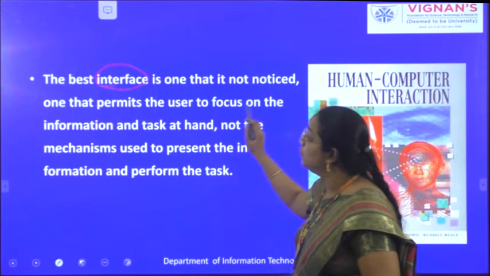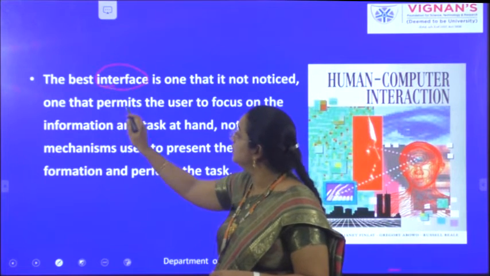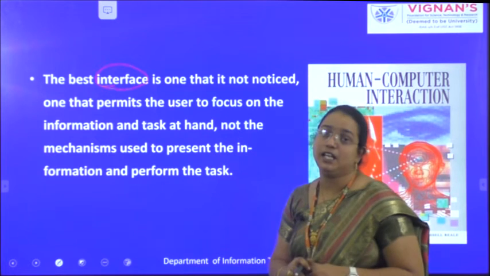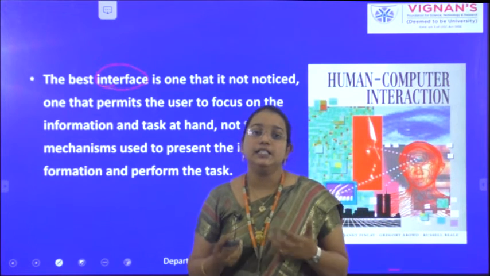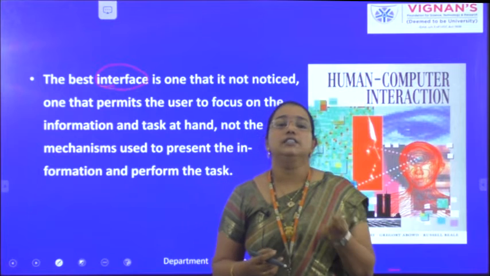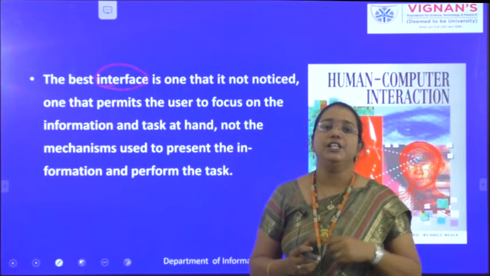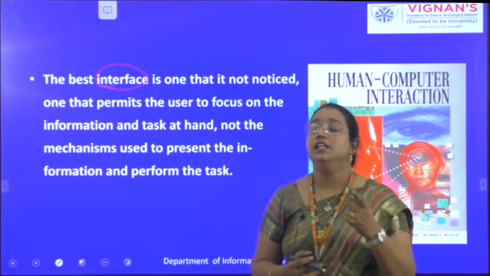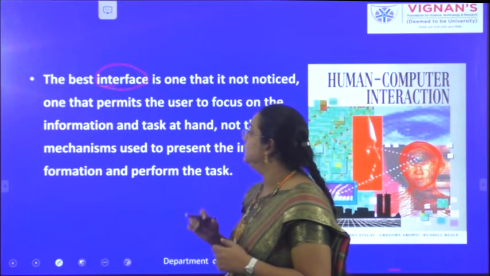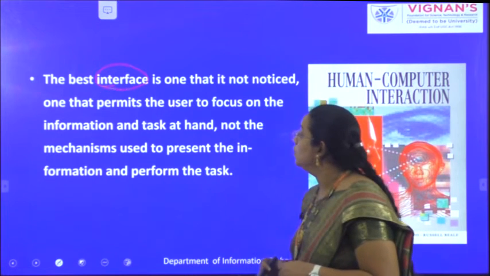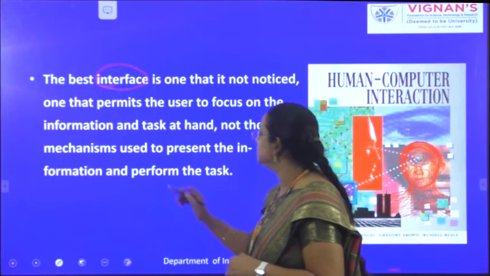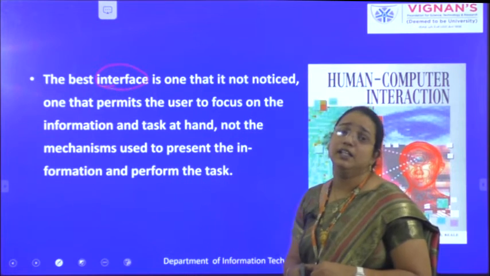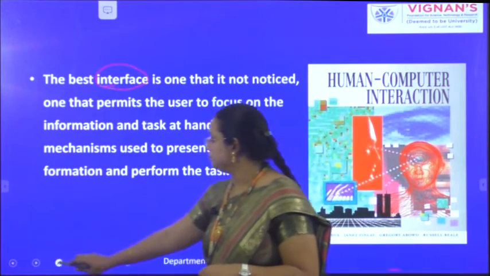In one stretch, we concentrate on the information and the task we are performing, then it is the best interface, and note the mechanisms used to present the interface and perform the task.